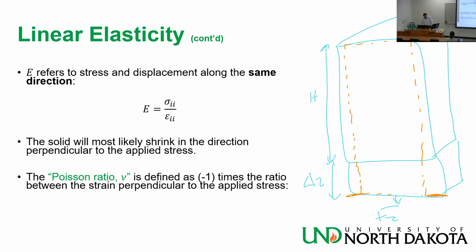Okay. How do I quantify that? So we have the Poisson's ratio, which you also learn in solid mechanics, defined as minus one times the ratio between the strain perpendicular to the applied stress. So this is the equation. I have a strain in the J direction that is induced by what is causing the strain in the I direction.